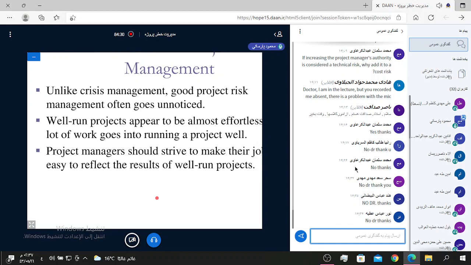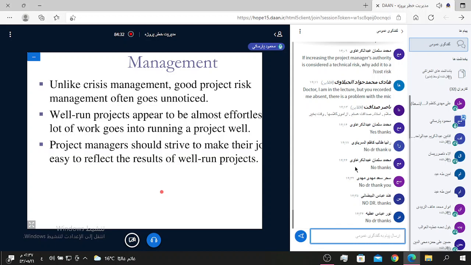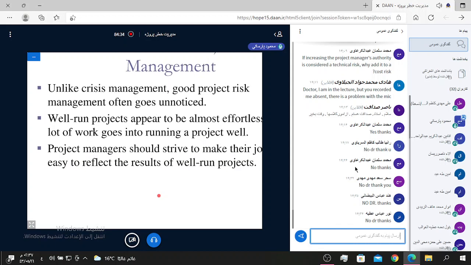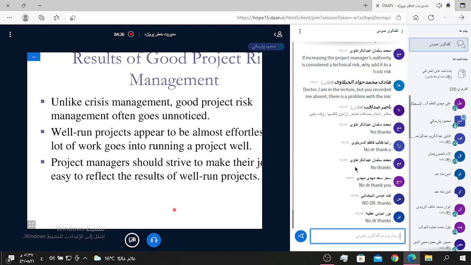And in addition to this statement, sometimes good risk management will prevent some crises.